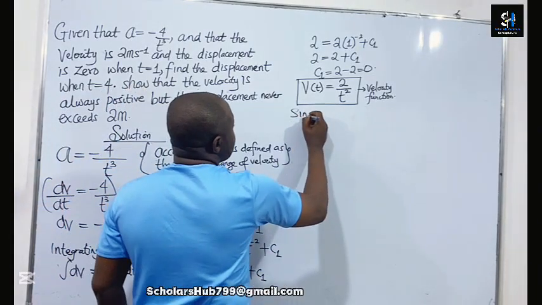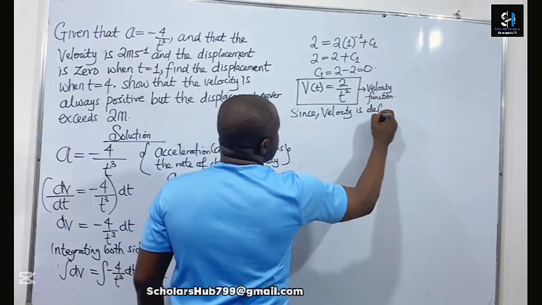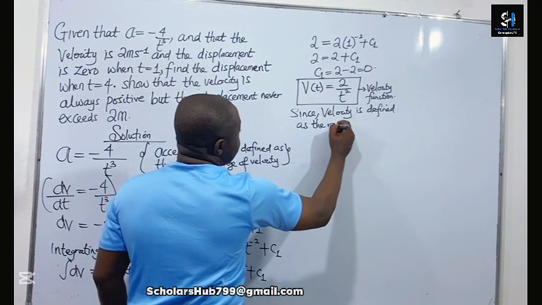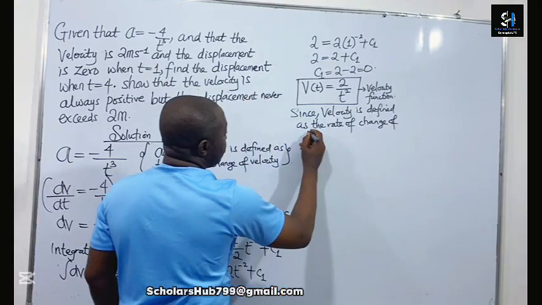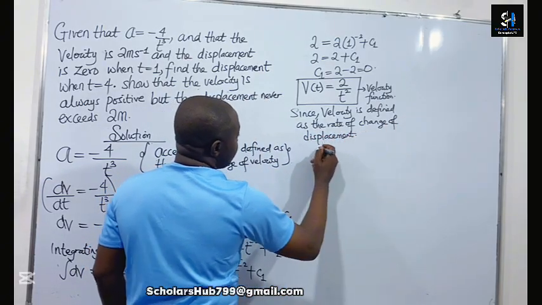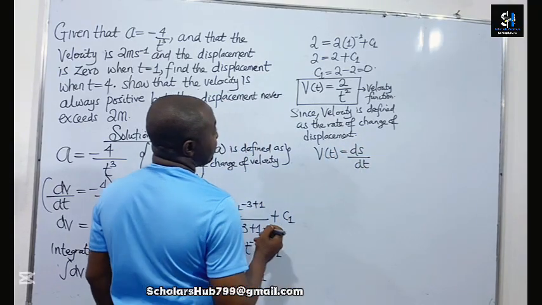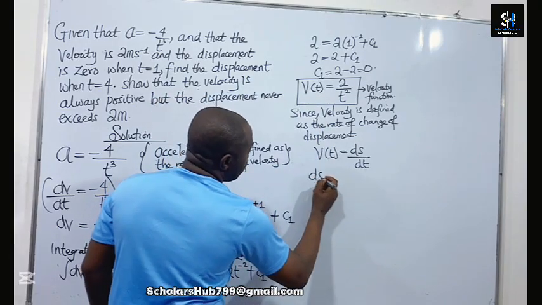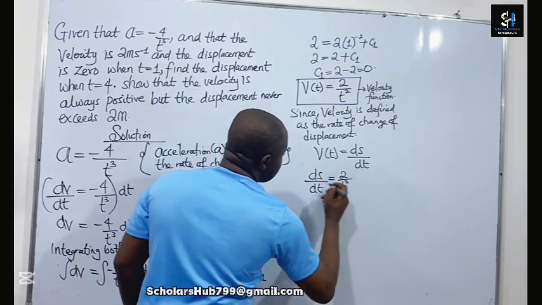So since velocity can be defined as the rate of change of displacement, that is, velocity will be ds over dt. So which means the velocity function in this case will now become ds over dt equals 2 over t squared.